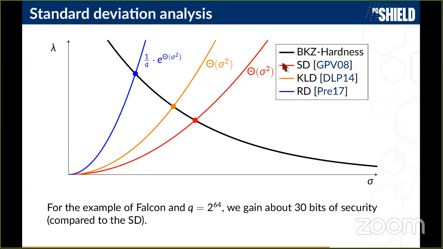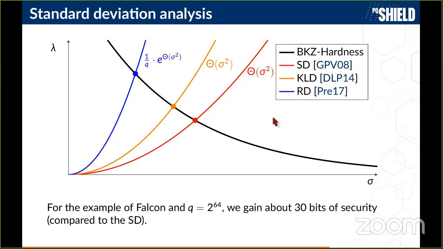In the original analysis by Gentry, Peikert, and Vaikuntanathan, the security level is big O or big theta of sigma squared. This was refined a bit later in a paper by Vadim, Liu, and I, where we improved the constant, but we still have big O of sigma squared.